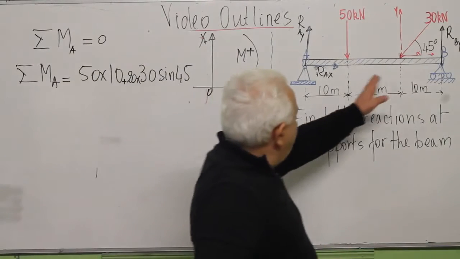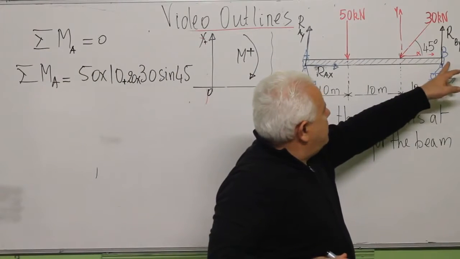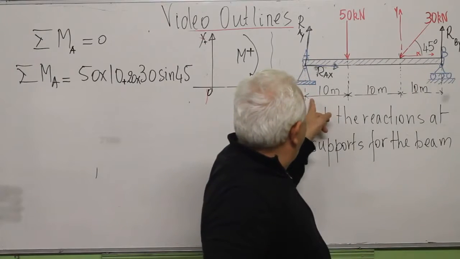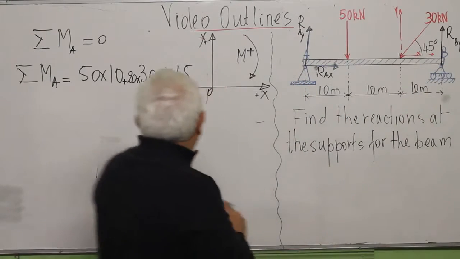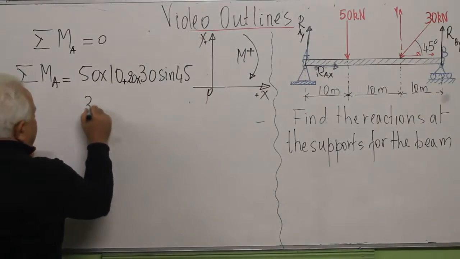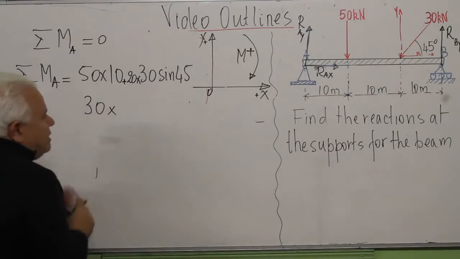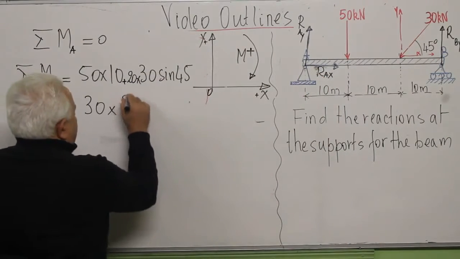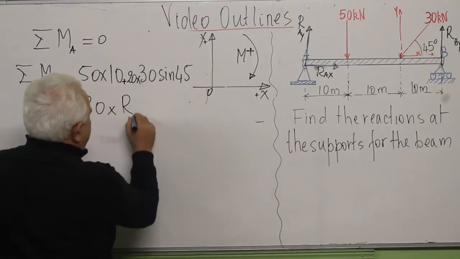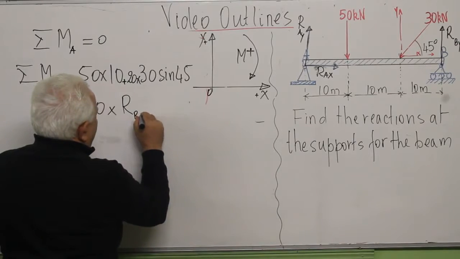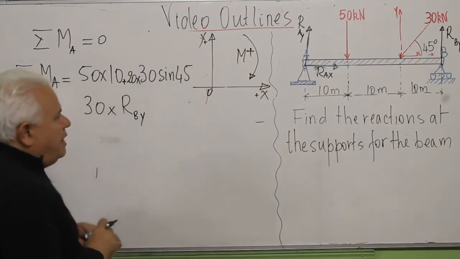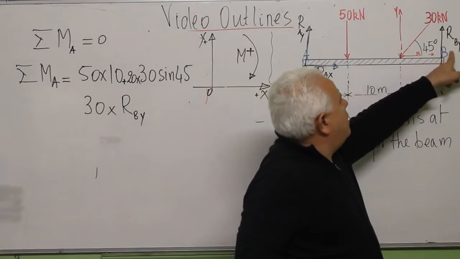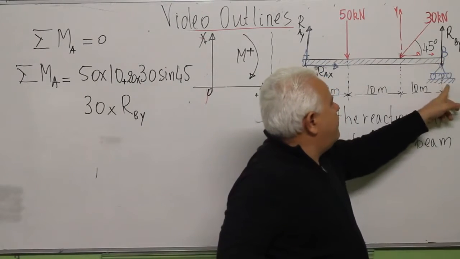Now I move to B, and to B I have this distance from A, which is 30 meters. 30 times what? Times R, the reaction at B along Y. In fact, I've got only one component, because we have a roller.